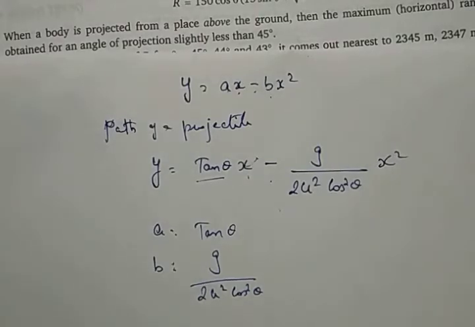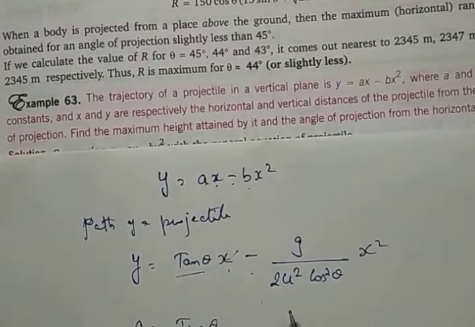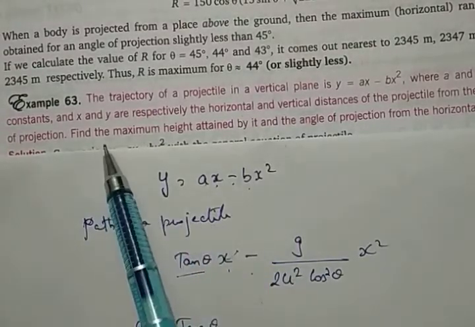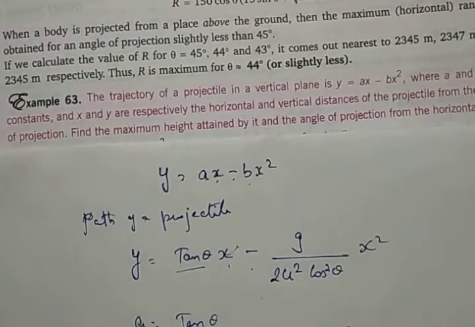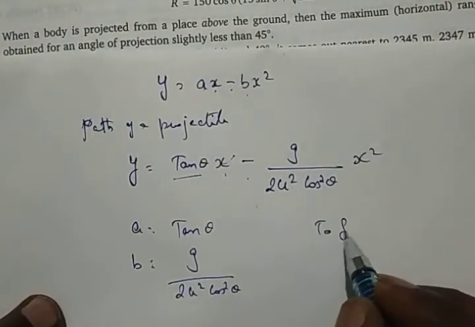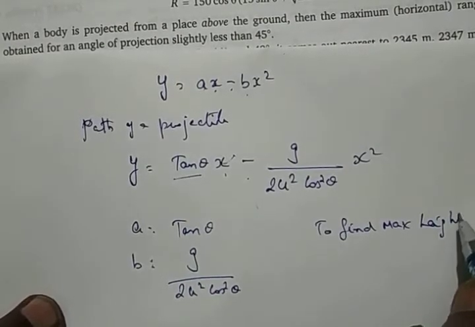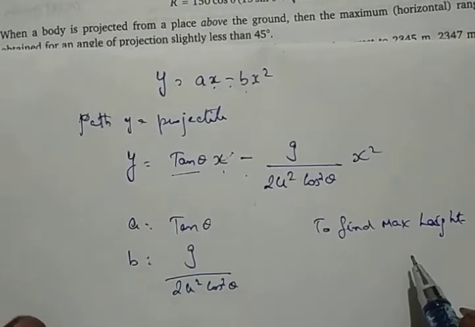So let us try to find the next step. At the same time, we need to know what is asked. Find maximum height. So what is the maximum height formula?